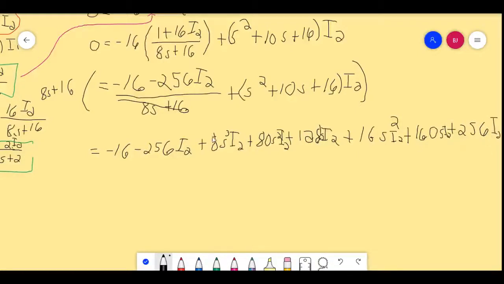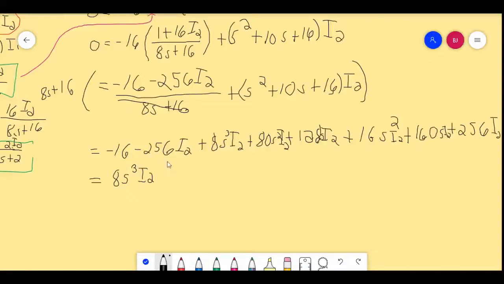We'll now combine the same order of variable. We start with s cubed, and we only have 8s cubed I2.